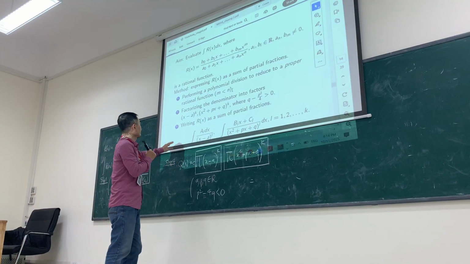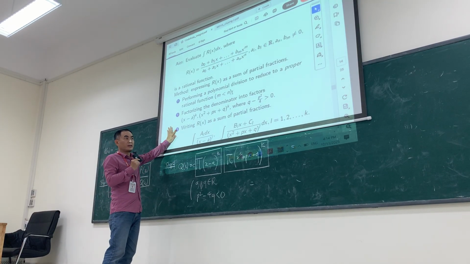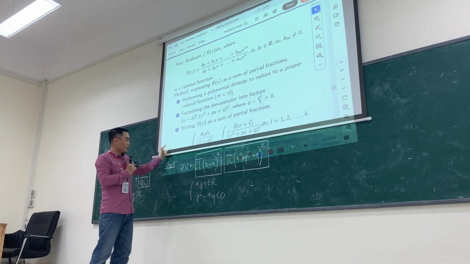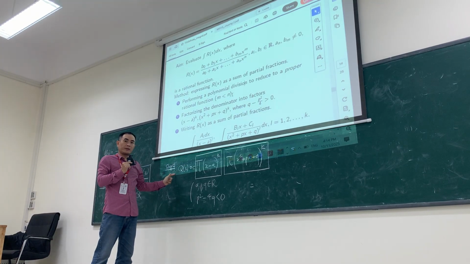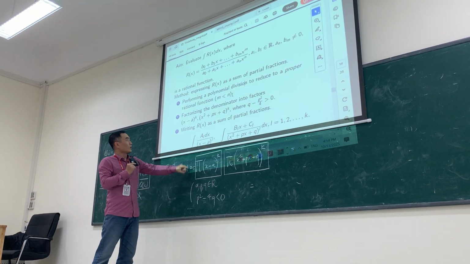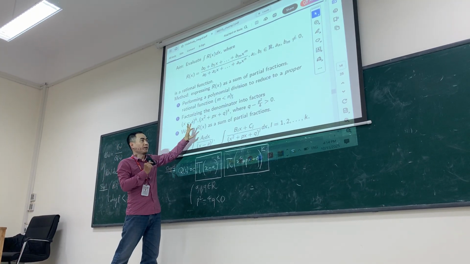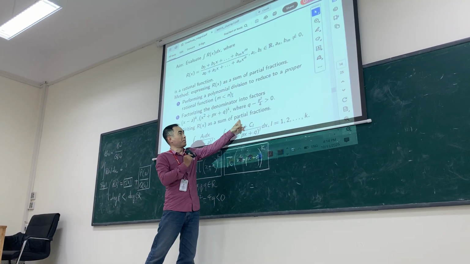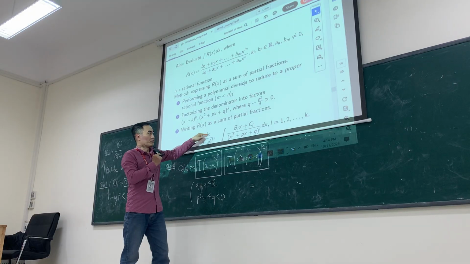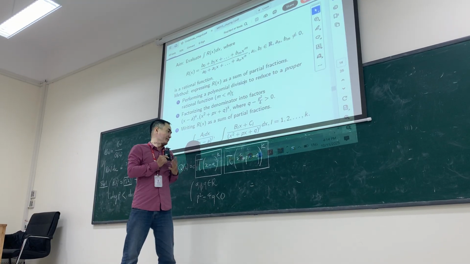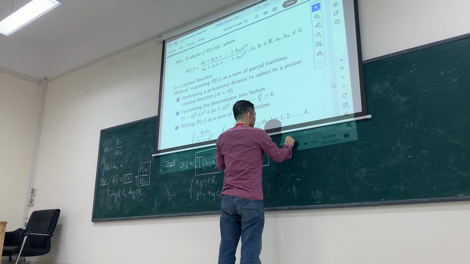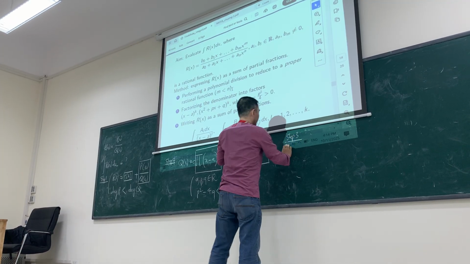To continue, step 3. When we express the denominator polynomial in this form, we can express the rational function as a sum of partial fractions. Step 3.